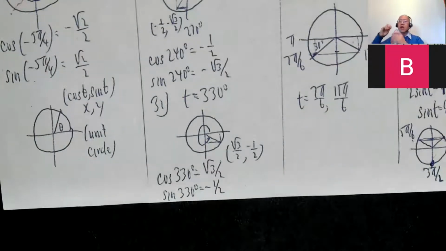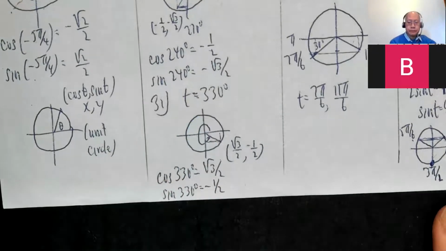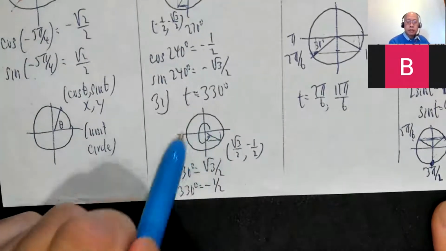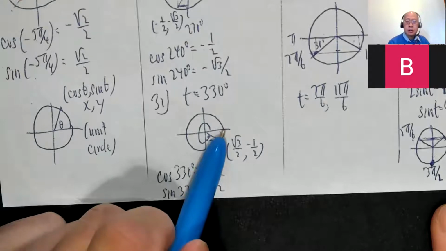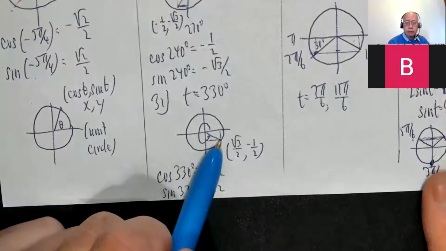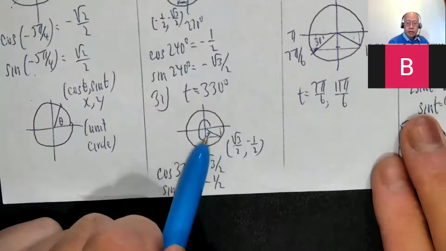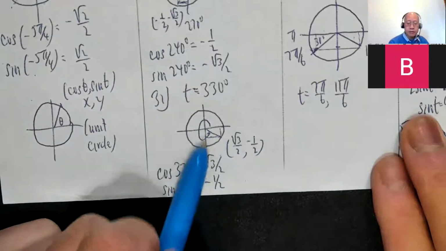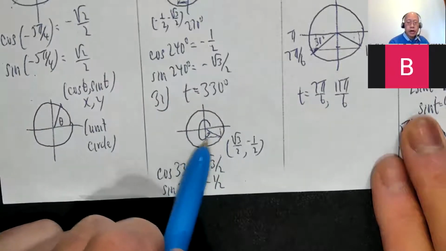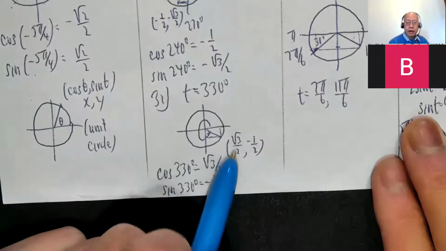31, 330°. No, this is 360. So I back up 30 degrees. It's 30 degrees off, I'm over here. There's the X, way more than half. There's the Y. The Y looks like it's halfway down. So Y, I'm going to put a half. The other coordinate's automatically radical 3/2.